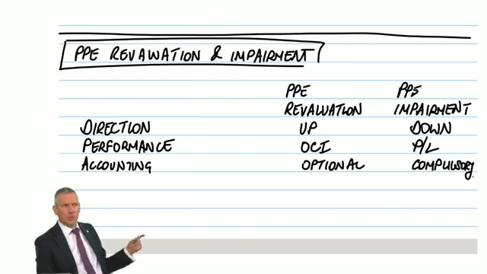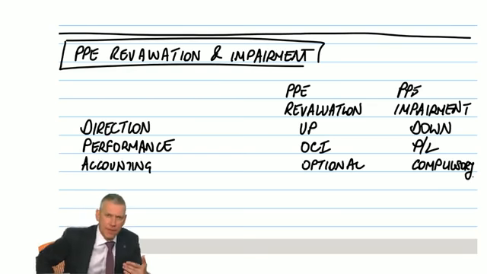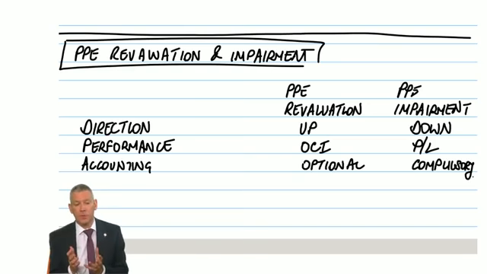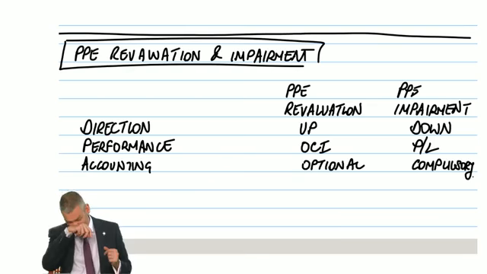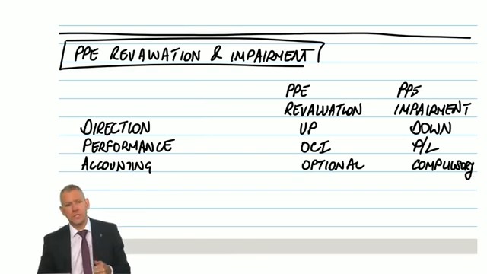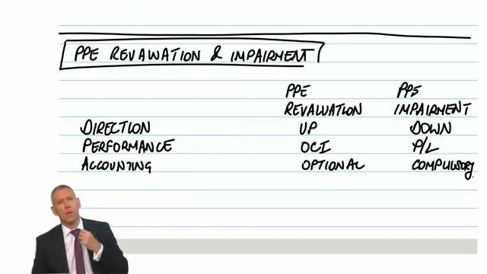It's slightly more complicated for revaluation. When you get to your first year end for your first property, then you have an option between what's called cost and fair value. So at the first year end of your first property, you have a choice at that point. It is optional to go for revaluation at that point. But once you've made your choice, it becomes what's called your policy.